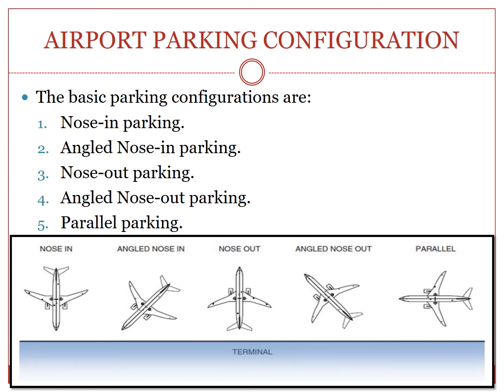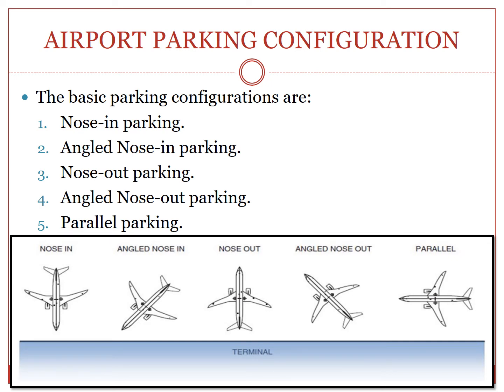But there are some disadvantages with these two types of parking. Which two types? Nose in and angled nose in. The disadvantages are the aircraft rear loading door is far away from the terminal building. It requires large power with maneuvering the loaded aircraft out of that gate position.